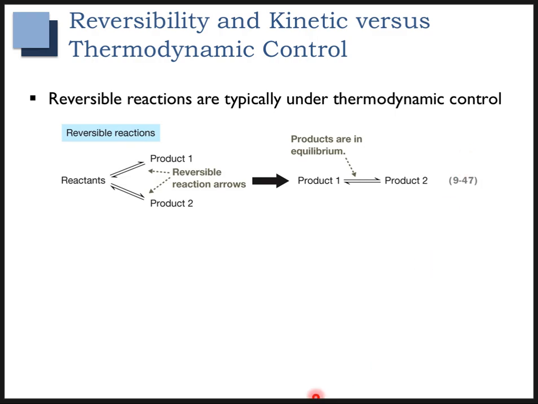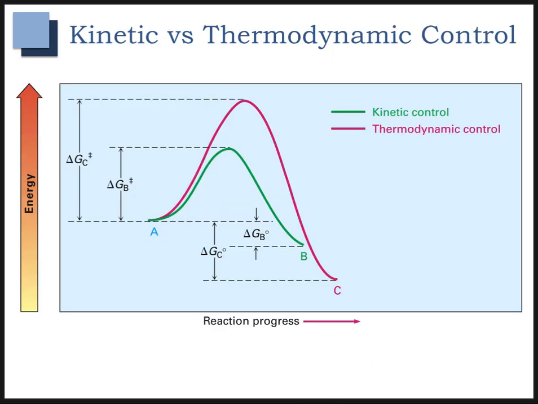Let's go back and pull that up really fast. So this is what I mean by lower. This is thermodynamic control. We have favored, the final products are more stable, and you can see that we have a nice big delta G overall. So those reactions technically can be reversible, right? But since they're so favored thermodynamically, it makes it really hard for them to go back over that hump.